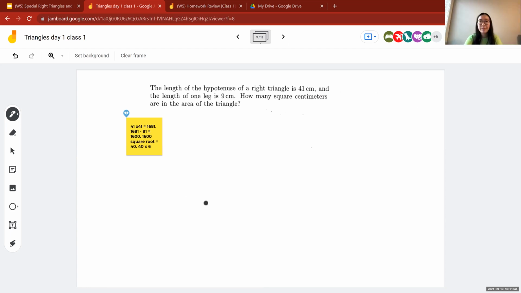Okay, next problem. The length of the hypotenuse of a right triangle is 41 centimeters, and the length of one of the legs is 9 centimeters.